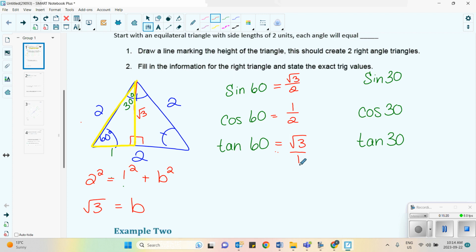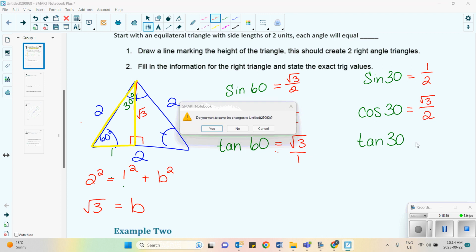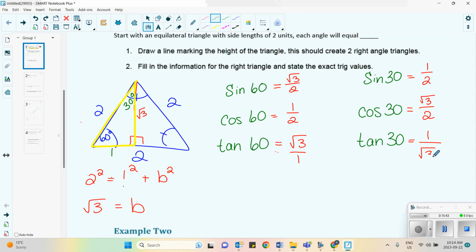We usually just say root 3, but I'm going to leave it like that for the ratio right now. And I'm not going to rationalize the denominator here. You can if you want to, but I'm not going to.